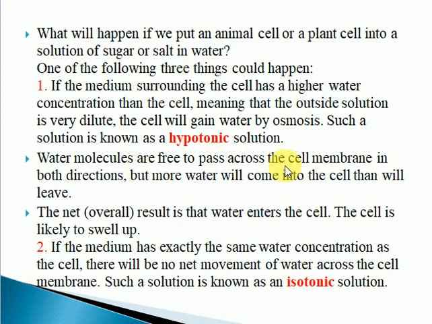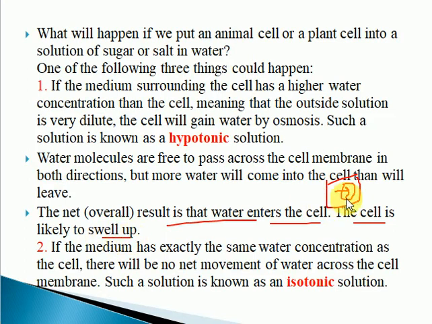So water molecules are free to pass across the cell membrane in both directions, but more water will come into the cell than will leave. This we are talking about for a hypotonic solution. When the concentration of water is more towards the outside, it would move inside the cell, and the net result is that water enters the cell and the cell is likely to swell up.